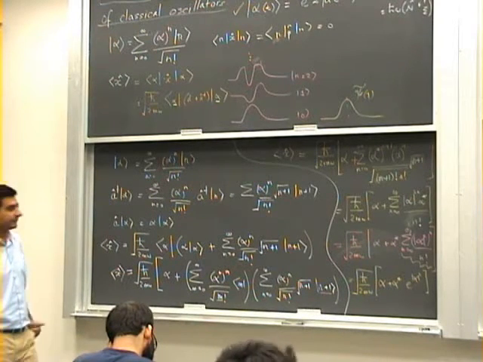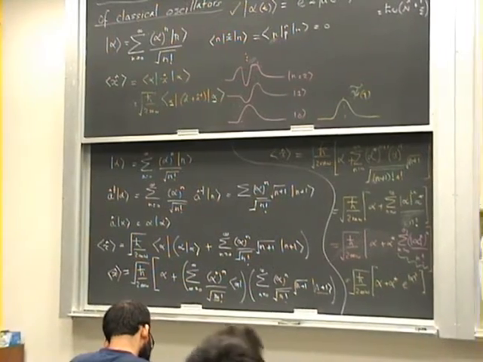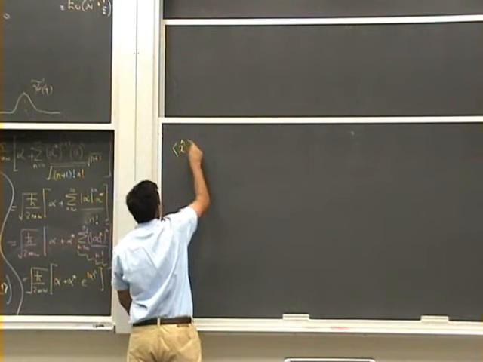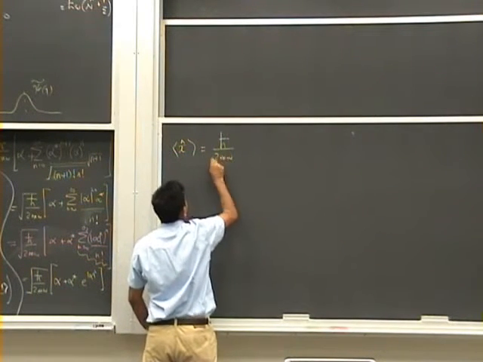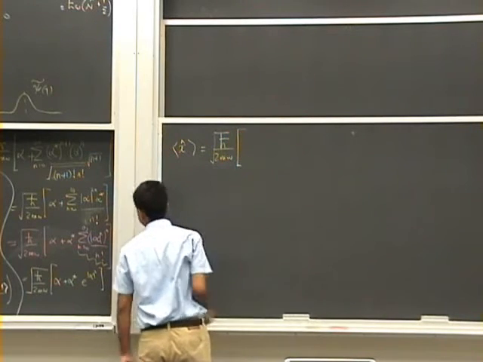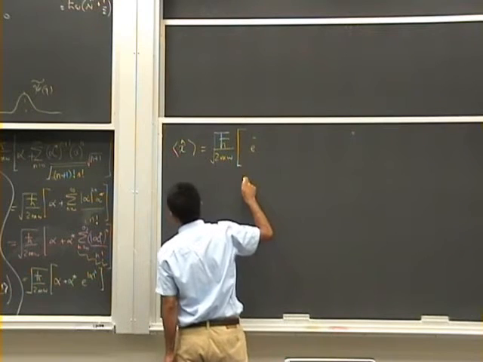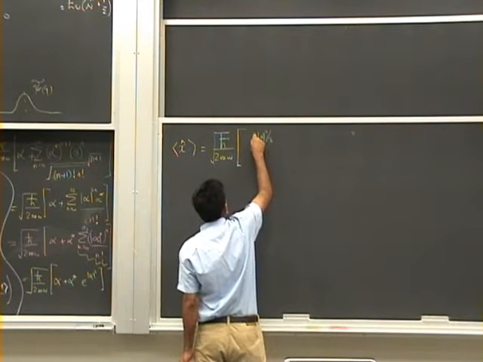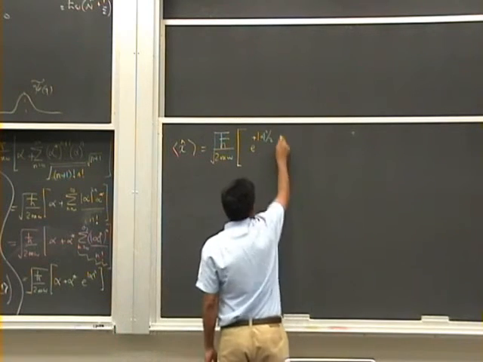Correct? So I can write this in the following form. Expectation value of the position operator is h bar over 2m omega. I will take e raised to minus alpha mod square over 2. Let's take this as common.